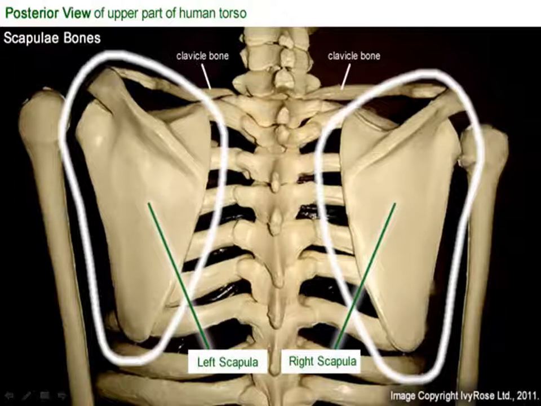These are the spines of the vertebrae. This is the vertebral column. This is the posterior view of the thoracic cage, and you can see a triangular bone present on the posterolateral aspect of the thoracic cage, which is called as scapula, also called as shoulder blade.